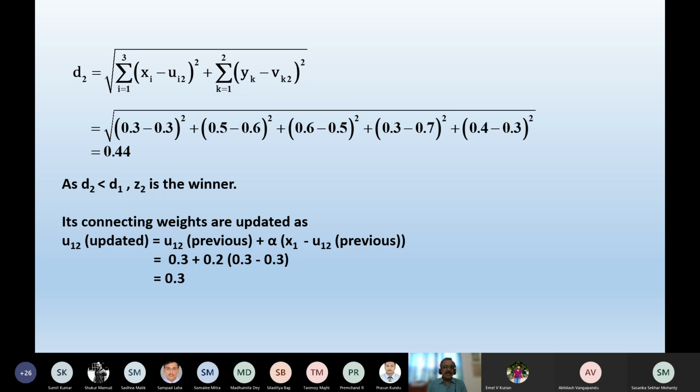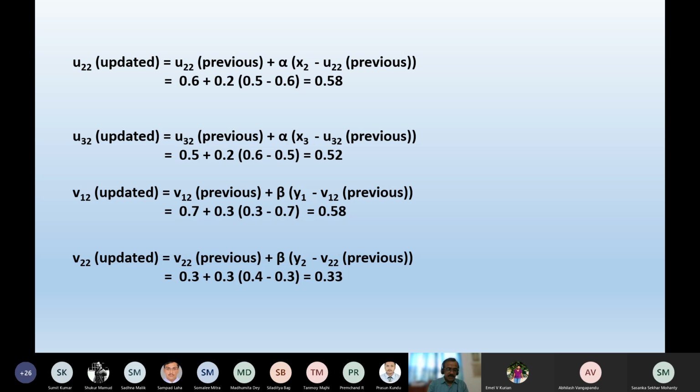Once you have got this winner, we can concentrate on the out-star model. But before that, we can update the connecting weights, that is u12 updated is u12 previous plus alpha into (x1 minus u12 previous). You substitute the numerical values, you will get the updated value of u12, and that becomes equal to 0.3. Similarly, u22 updated is u22 previous plus alpha into (x2 minus u22 previous).